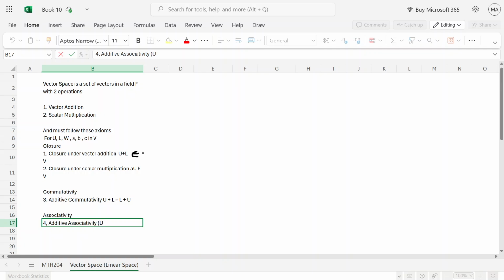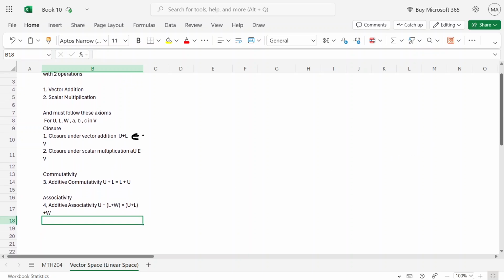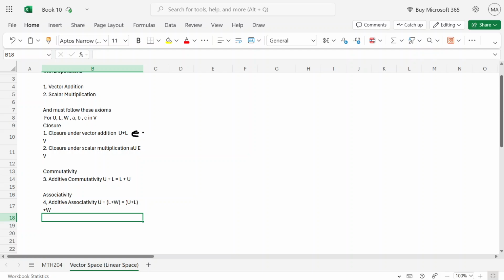You need 3 vectors. u plus l plus w will be equal to what? Just put the first two together, u plus l, plus w. So no matter what you add first, if you're adding 3 vectors together, they must give you the same result. You can add the first two first, then the third one, or add the last two first, then the first one. Whichever you add first, they must be associative.